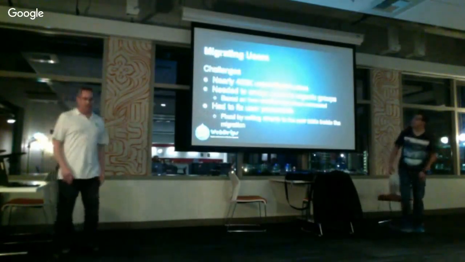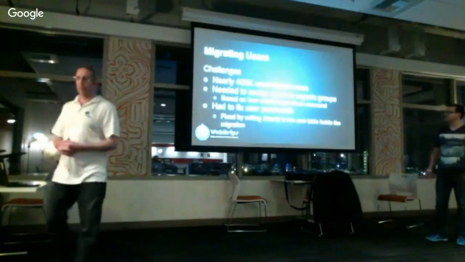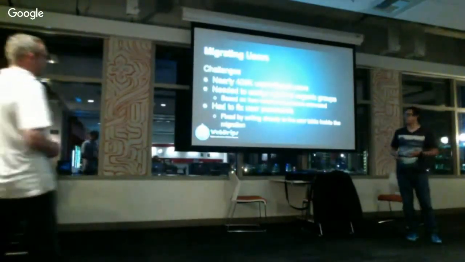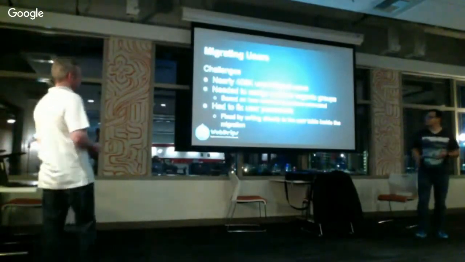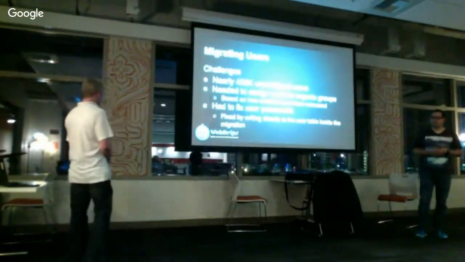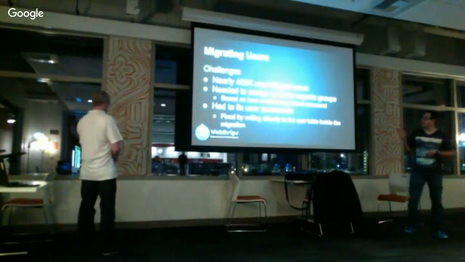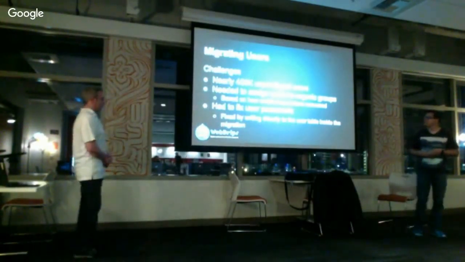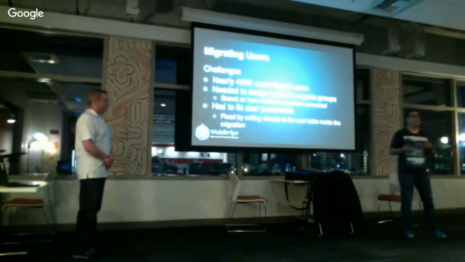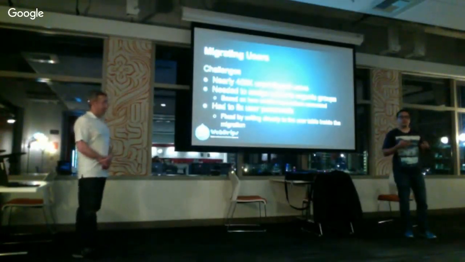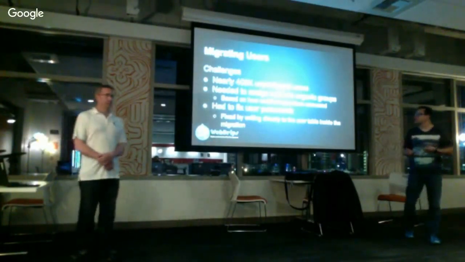We'll talk about this. Yeah. So like Dan said, this is a big project. We had about 400,000 users, and we were changing the way we were controlling the access for these users.